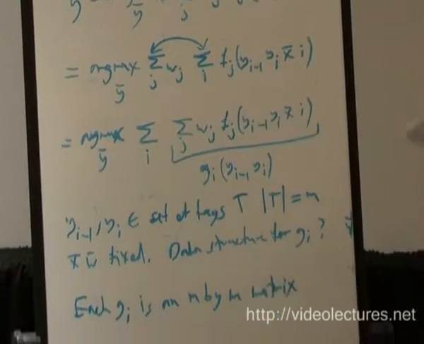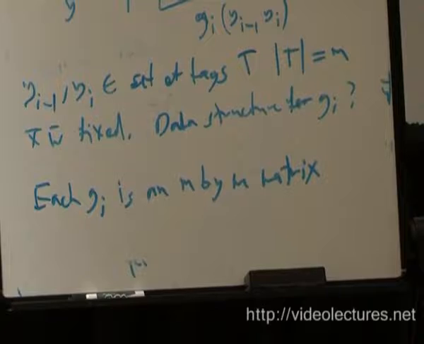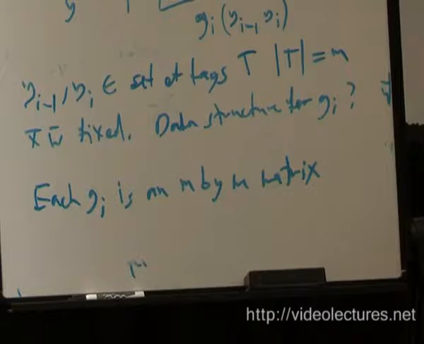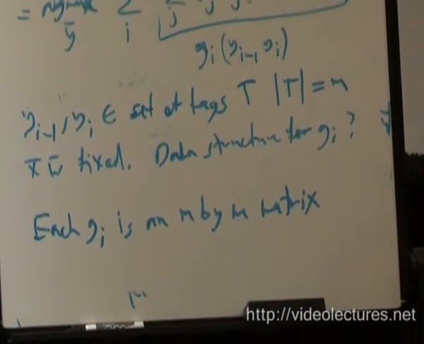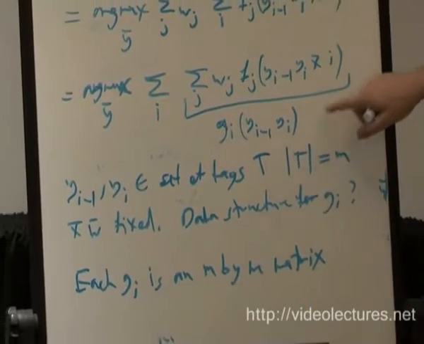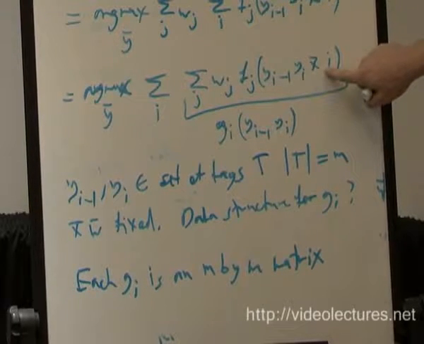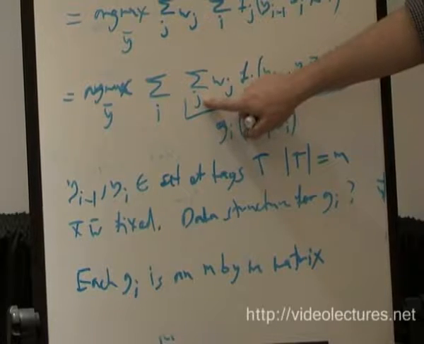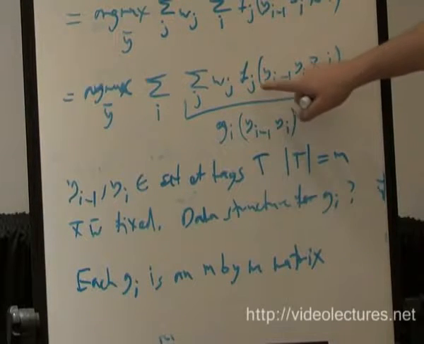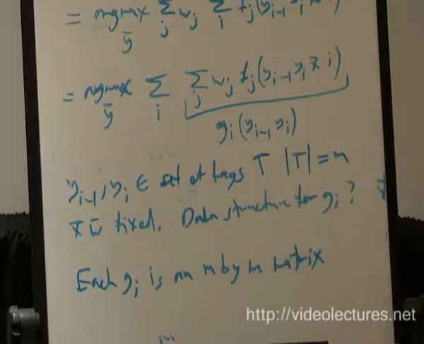And so the first thing that I'm going to do in my algorithm is pre-compute these gi functions. So literally x bar is fixed, and then for i equals 1, I just compute this sum over j of wj times little fj of yi minus 1, yi for every possible pair of values. So each gi is an m by m matrix.